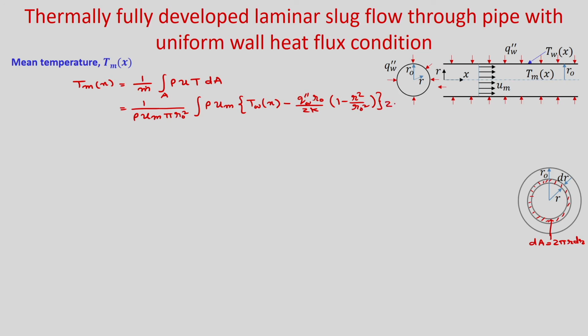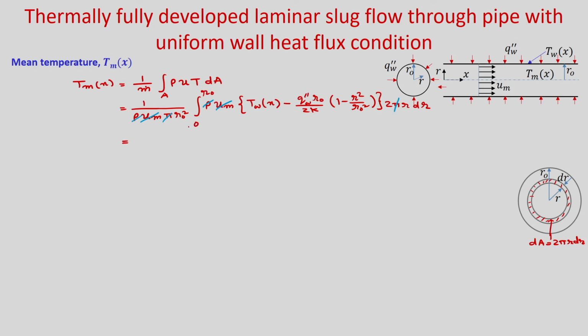Now um and rho, this pi will get cancelled, and now you integrate it from 0 to r naught.